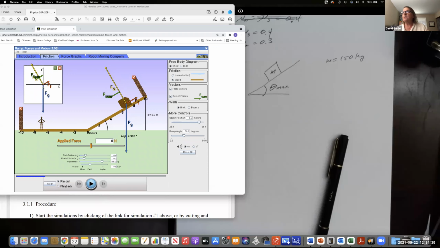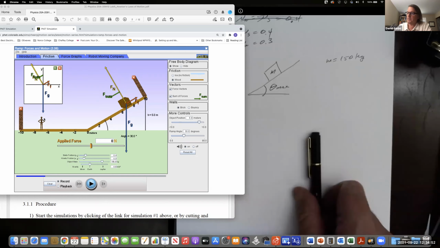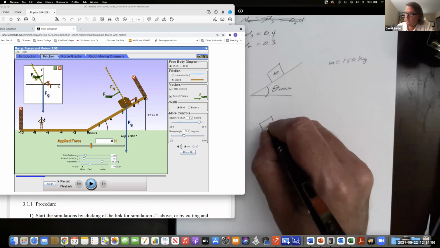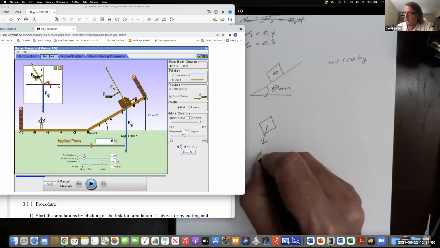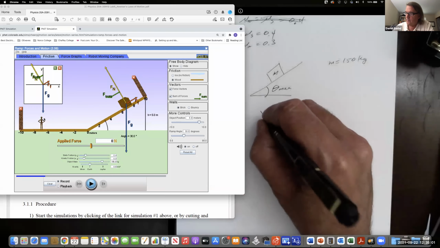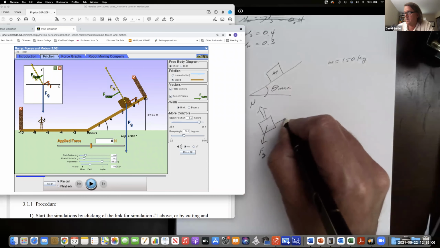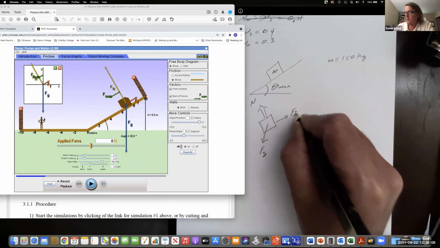Now note my free body diagram. I've got F sub n perpendicular to the surface, force of friction parallel to the surface, and the force of gravity straight down. You should be able to draw the free body diagram just like it does: Fg, N, F friction.